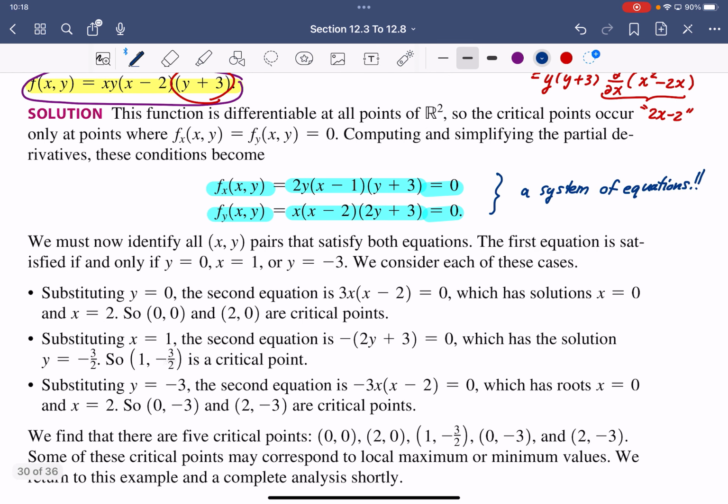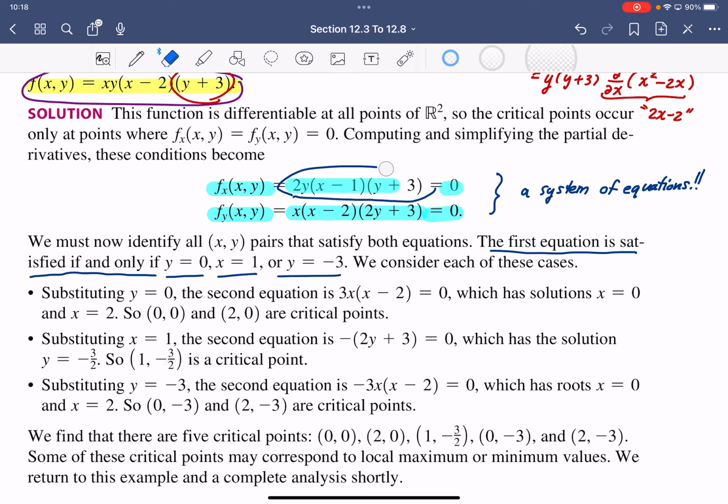Here what we're going to do is start from this equation, and say that the first equation is satisfied if and only if y equals 0, x equals 1, or y equals negative 3. So we start from the first equation here.